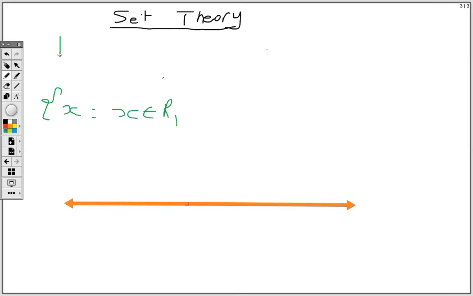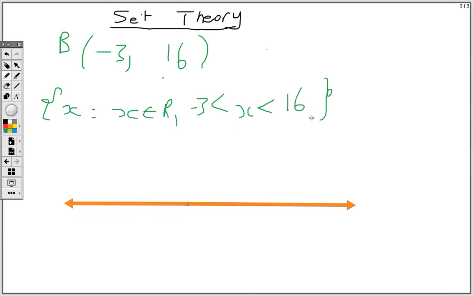Now, suppose we have B to be -3 and 16. Again, we're going to have x is greater than -3 but less than 16.